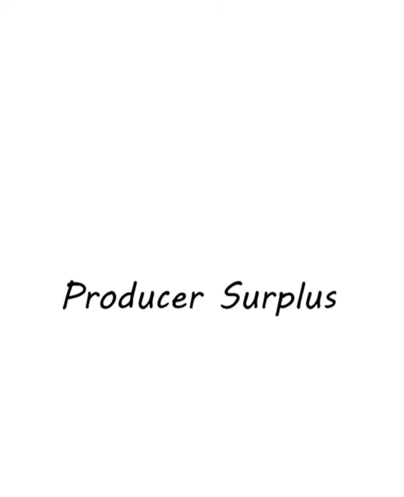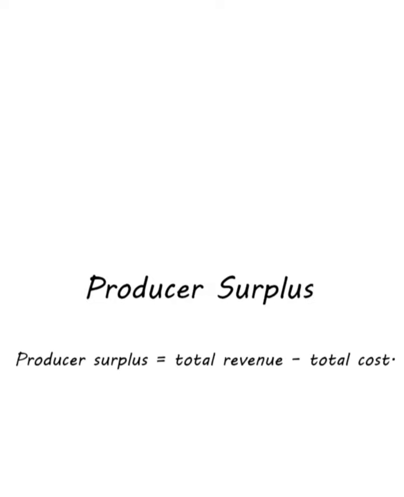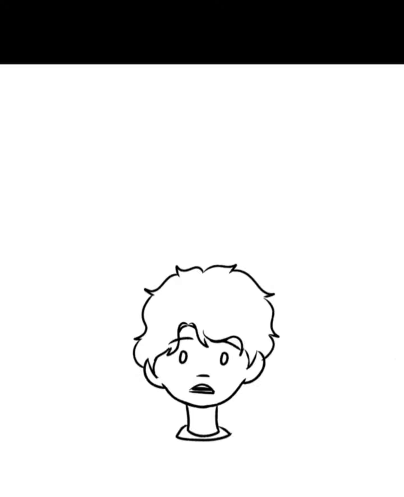Producer surplus. Producer surplus is the difference between how much a person would be willing to accept for a given quantity of a good versus how much they can receive by selling the good at the market price. On an individual business level, producer surplus can be calculated using the formula: producer surplus equals total revenue minus total cost.